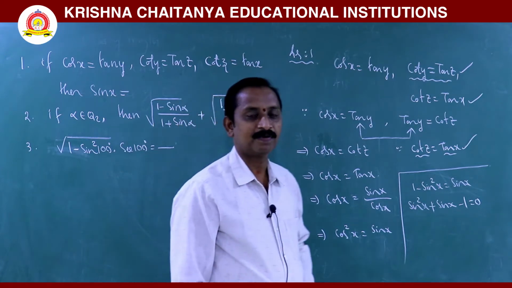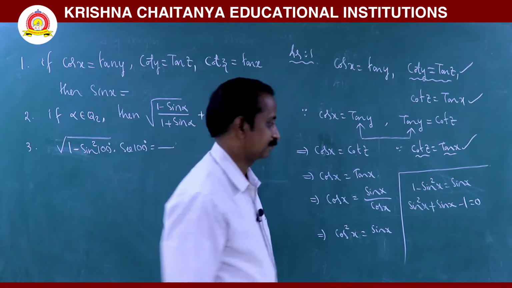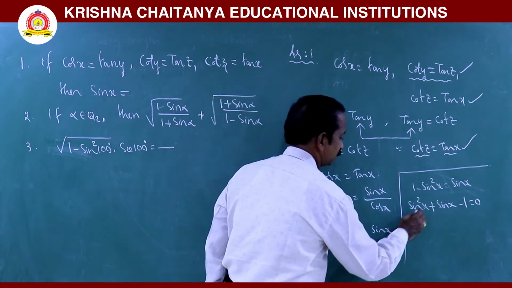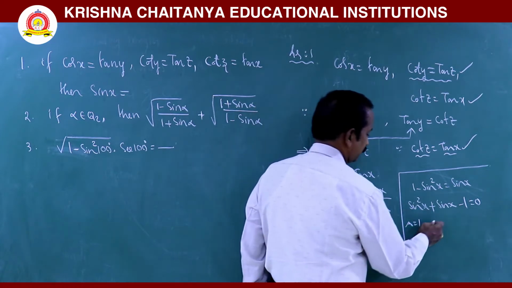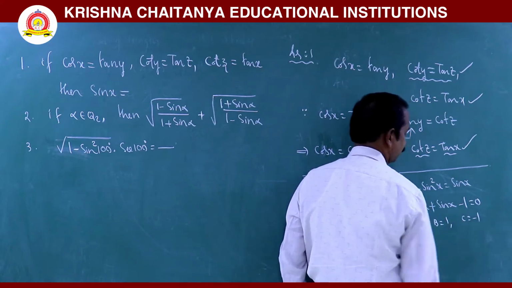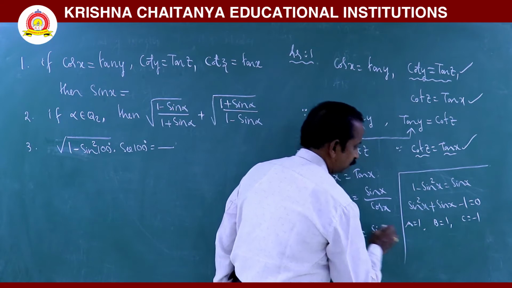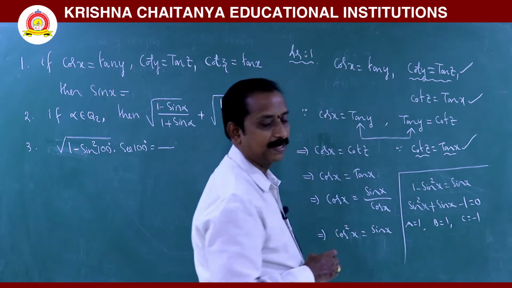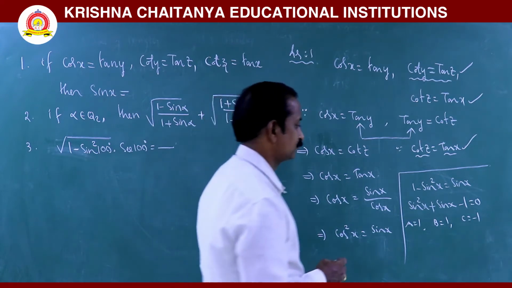What is the standard form of a quadratic equation? ax square plus bx plus c. So, when compared with the standard form, the value of a is nothing but 1. The value of b is also 1. The c value is also 1. But to get the roots, the formula is minus b plus or minus root of b square minus 4ac, by 2a.